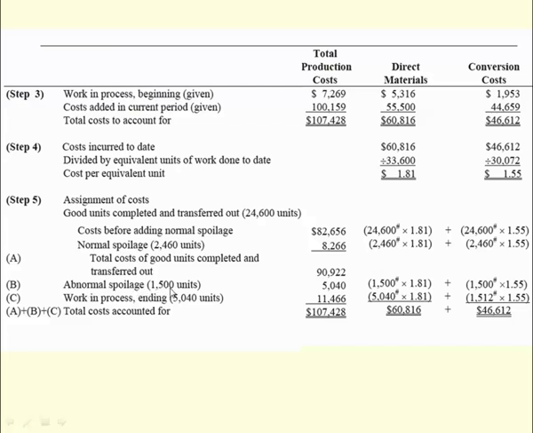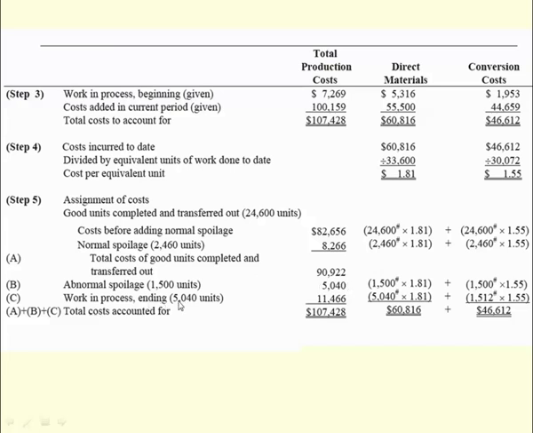The number of abnormal spoilage units was 1,500 units. Multiply by 1.81 plus 1,500 units multiplied by 1.55, which equals 5,040. This is the assignment of cost to abnormal spoilage.